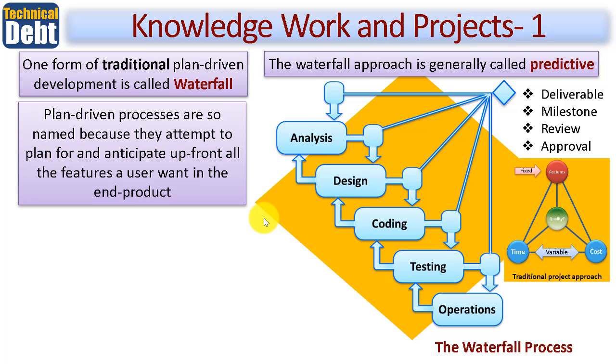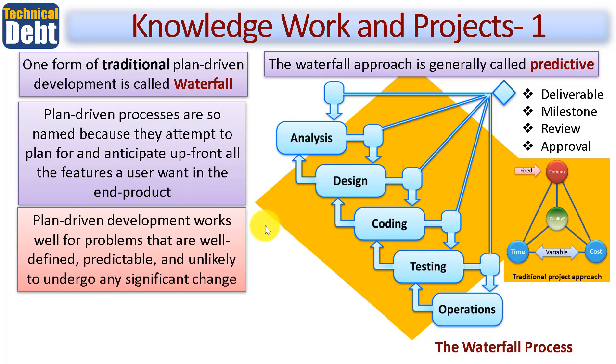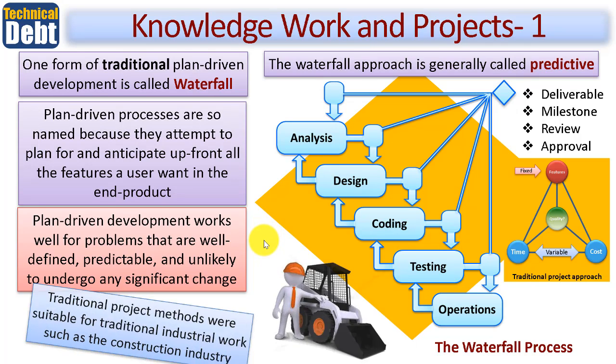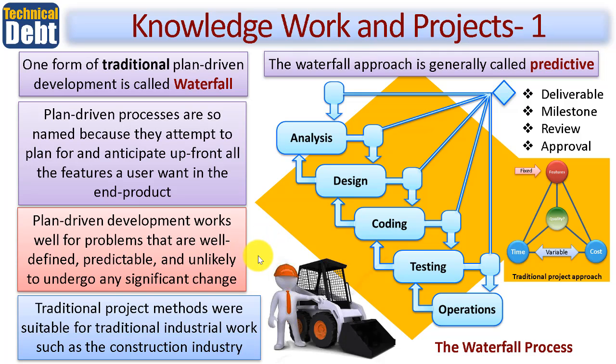Now, plan-driven development actually works well for problems that are well defined, that are predictable, and unlikely to undergo any significant change. The construction industry here is a good example. Although it's possible to change some of the interior design partway through building, let's say, a new apartment block, you certainly can't go back and adjust the foundations when you're working on the 26th floor, if you take my point.